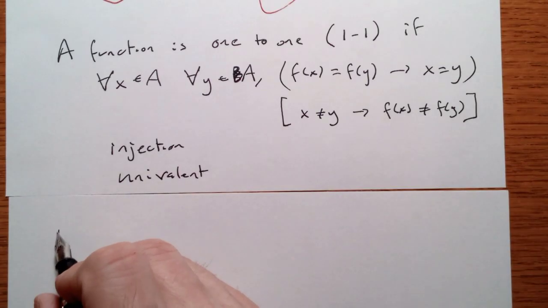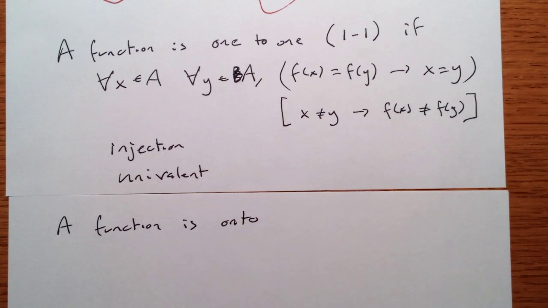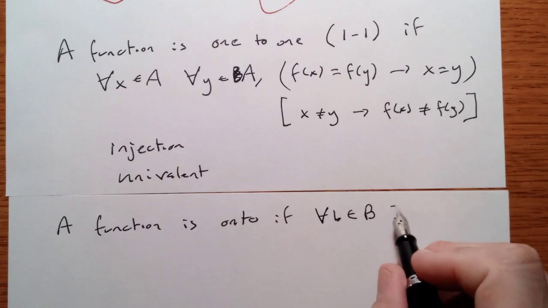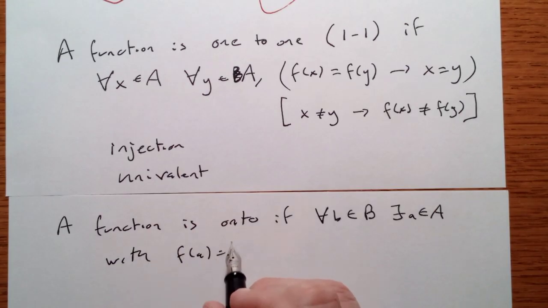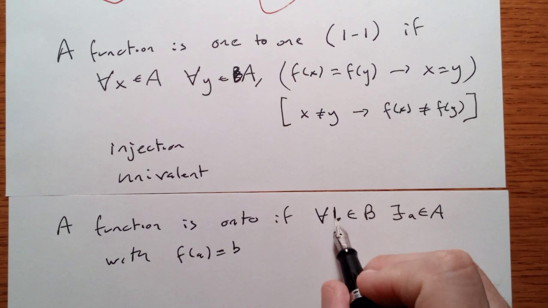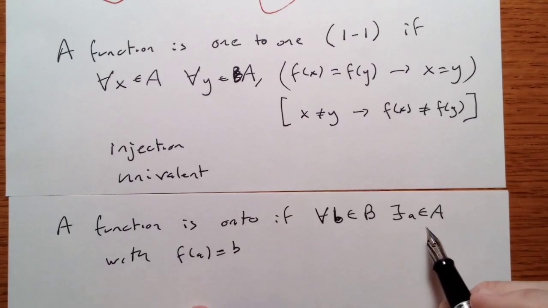I'll do some more in a minute. A function is onto if for all b in B, there exists a in A with f of a equal to b. Again, it's a direct definition, but what does it mean? This means every single element in the codomain is hit by something in the domain.